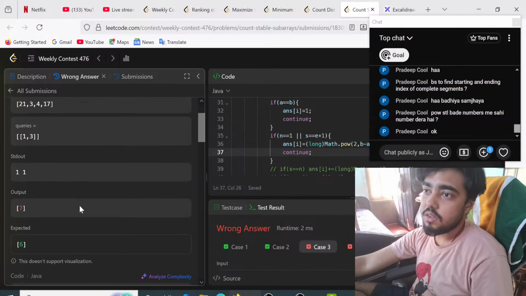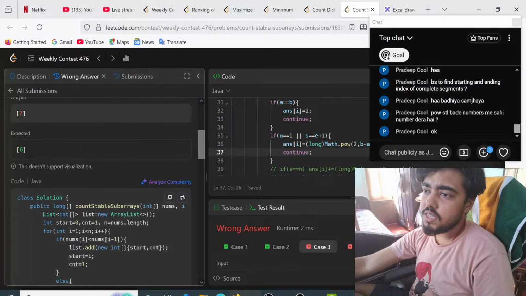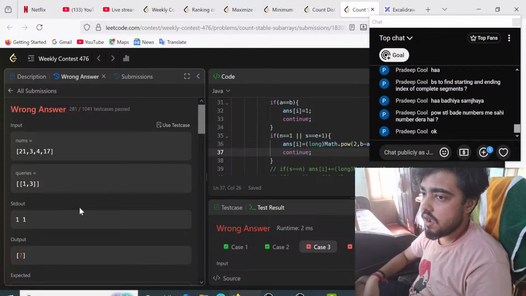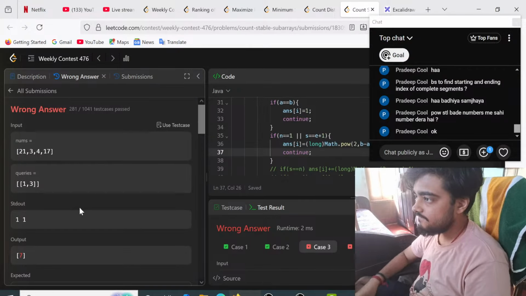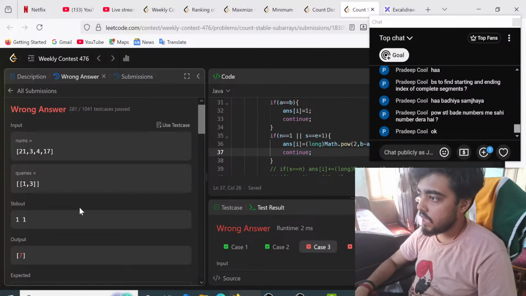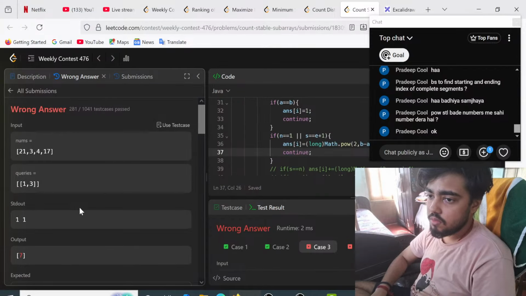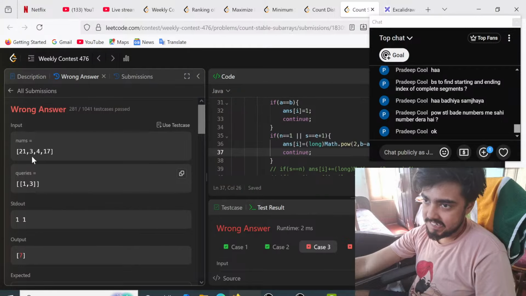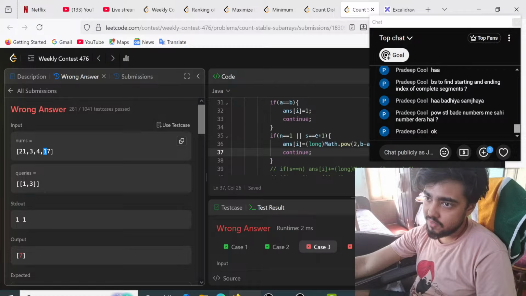Oh my god. How is it 6, man? Am I going on the wrong track anyhow? One comma 3 means 1 2 3. So 3 is a valid one, 4 is a valid one, 17 is a valid one. 3 बन गया.